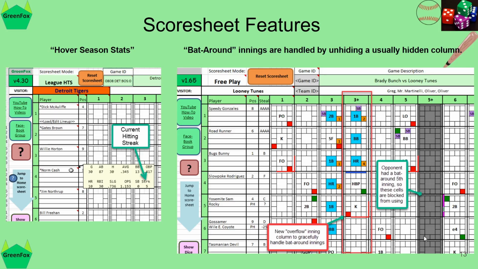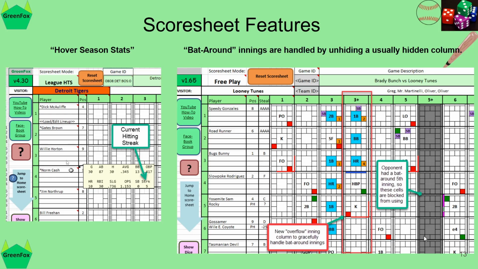So that's quick score. Some other features of the score sheet: it has these hover season stats. Again, you have to enable them if you want them. Once you've played a few games, at the start of the game it puts in these little cell notes, indicated by these red triangles.